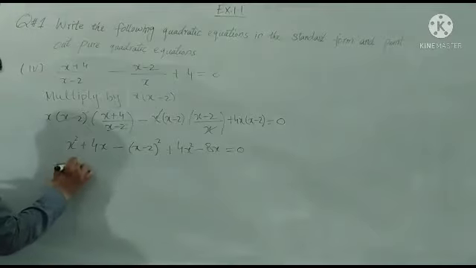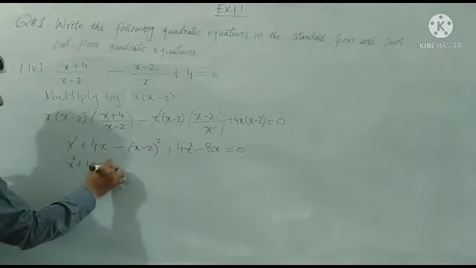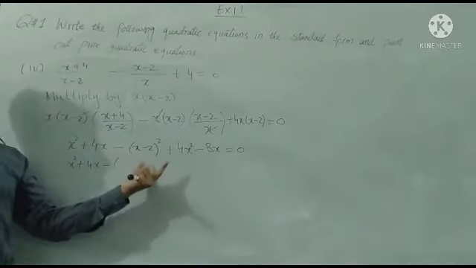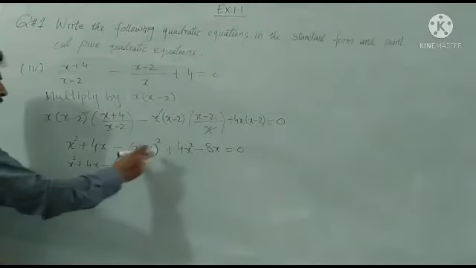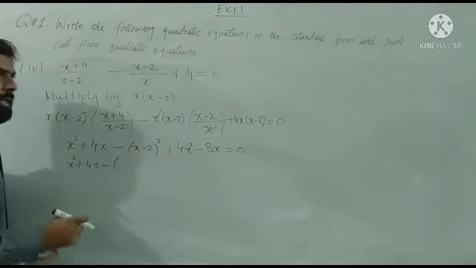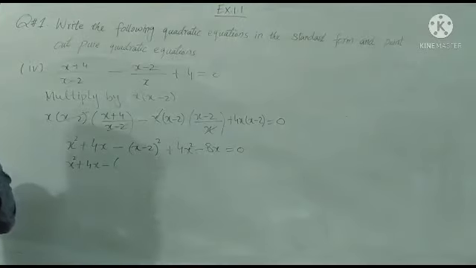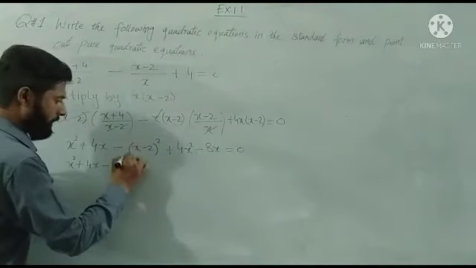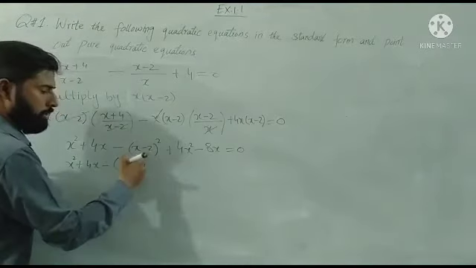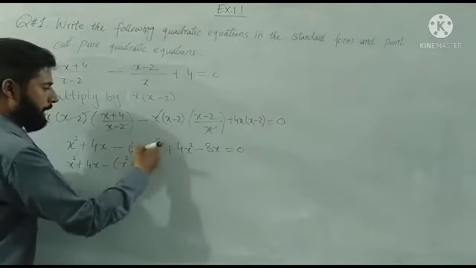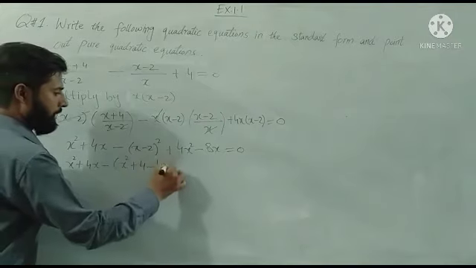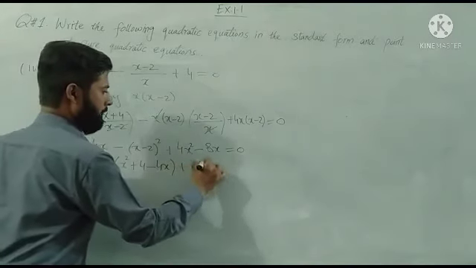Now we will write it as it is x square plus 4x minus, due to minus we will open this square inside the bracket. Now we will apply the same formula here, (a minus b) whole square is equal to a square plus b square minus 2ab. So it will be x square plus square of 2, that is 4, minus 2ab, 2 2s are 4x. The remaining values as it is.